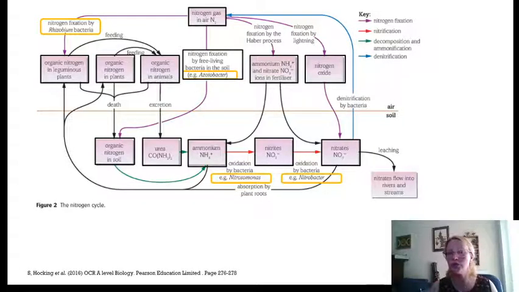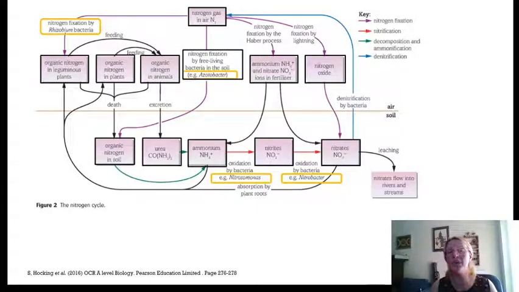Nutrients are really important for plants to grow, and if you've got less trees there, then you're going to have more runoff in that area, and the nutrients are going to get leached from that soil. So it's going to decrease the quality of that soil and make it not as good for growing things in.